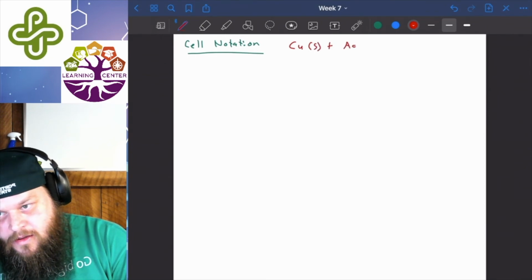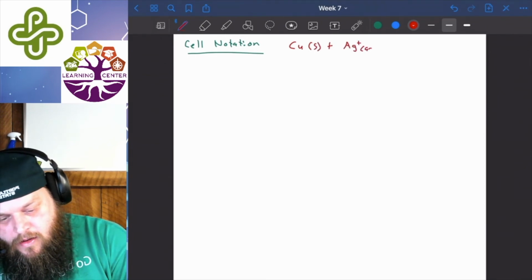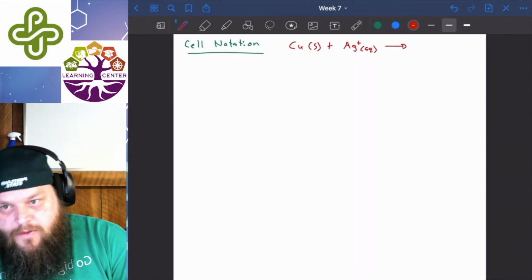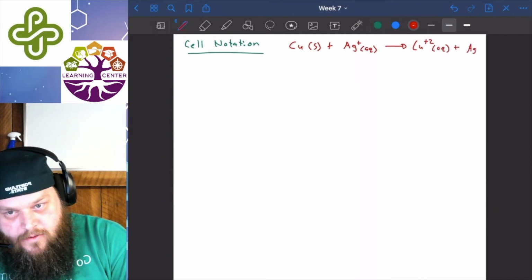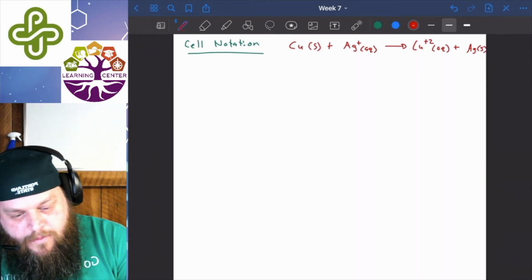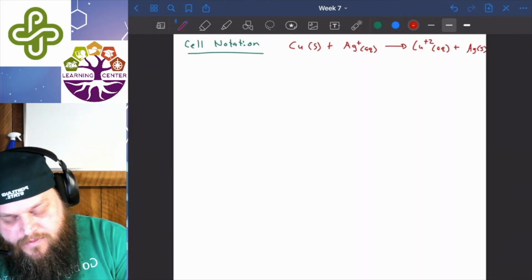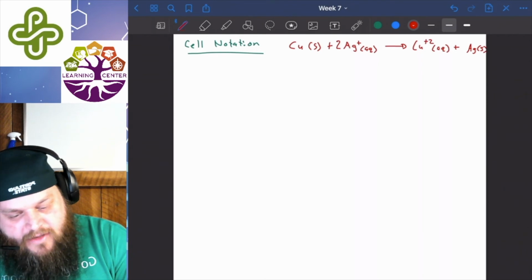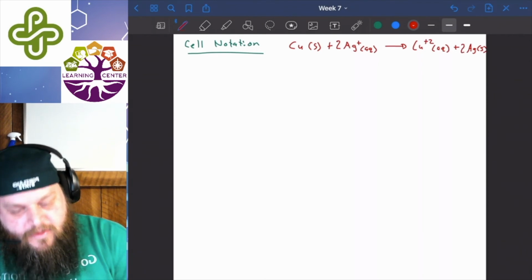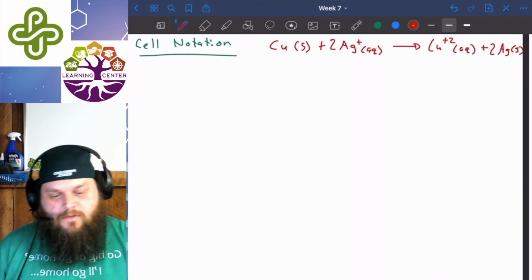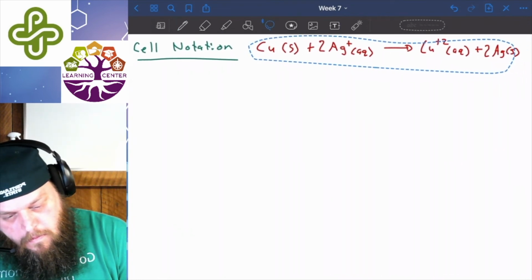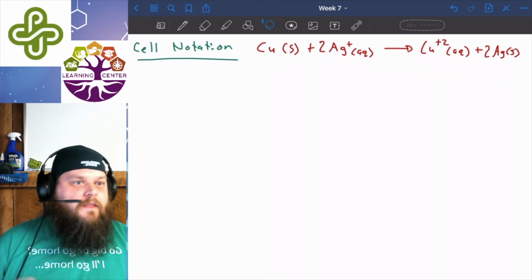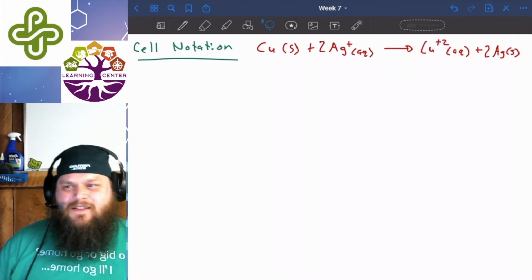Cu solid plus silver plus aqueous, those are basically producing copper +2 aqueous plus silver solid. To balance the charge of all of these, I'm going to need 2 on that side because I have a +2 over there, which gives me 2 on this side as well. So that's the basic chemical reaction that's happening, but that's not cell notation.